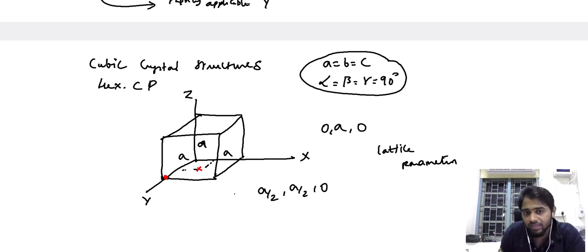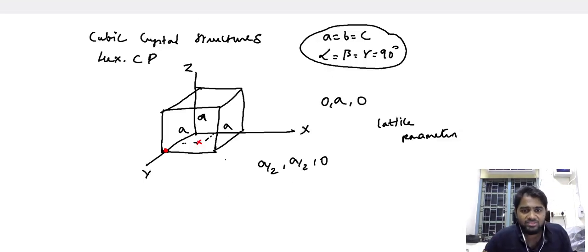Nevertheless, what is made possible within a unit cell for a cubic crystal structure is that we are able to describe a point on and within the cubic unit cell using the lengthwise parameters of the unit cell. Once we are able to describe the positions on and within the unit cell, we will be able to position the atoms on each of these points, thereby giving us different crystal structures.